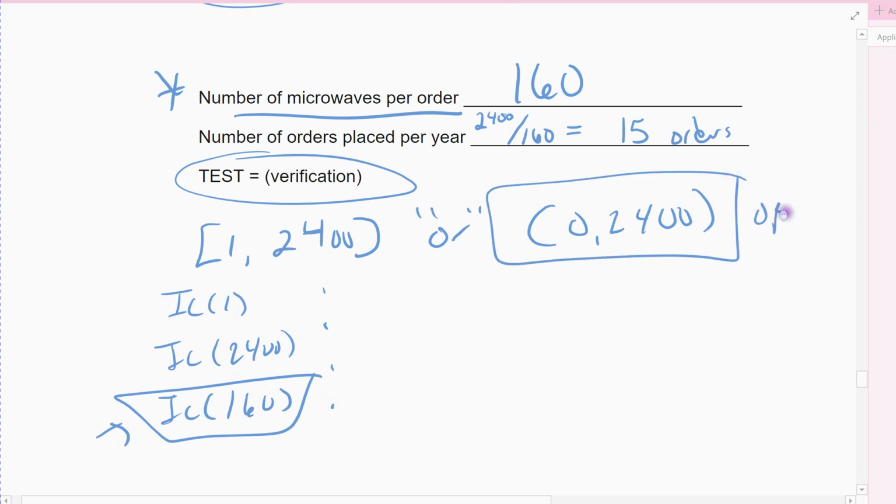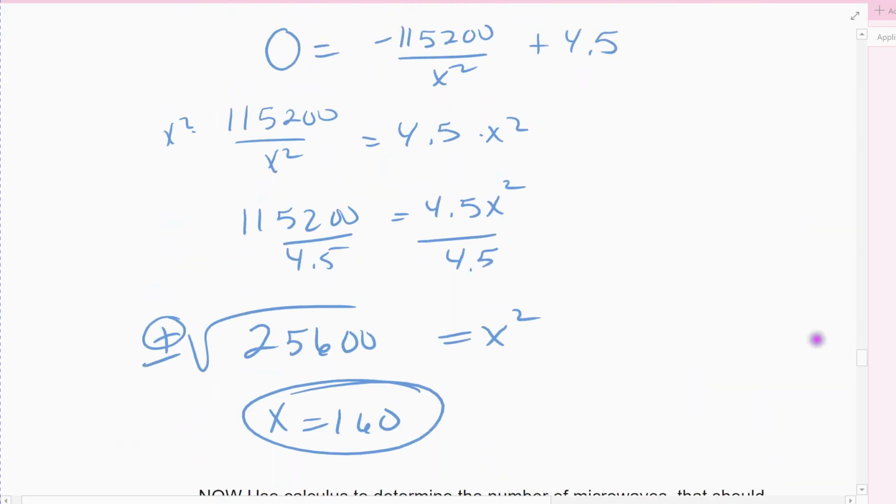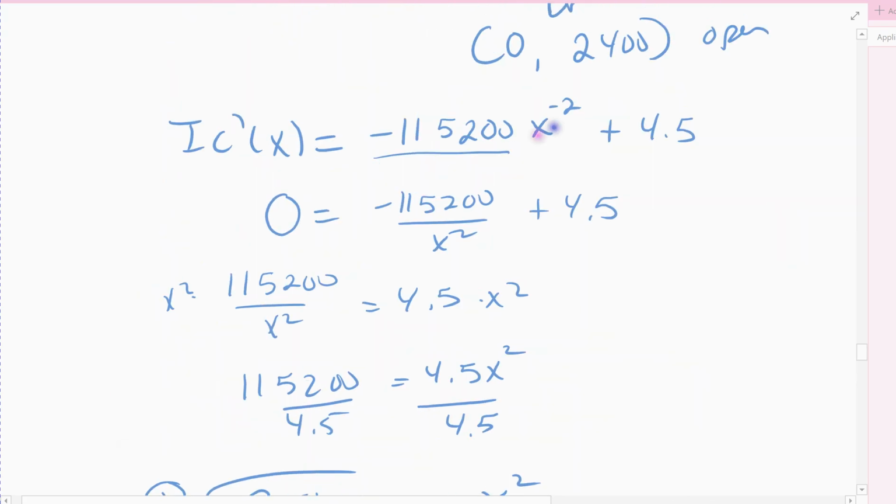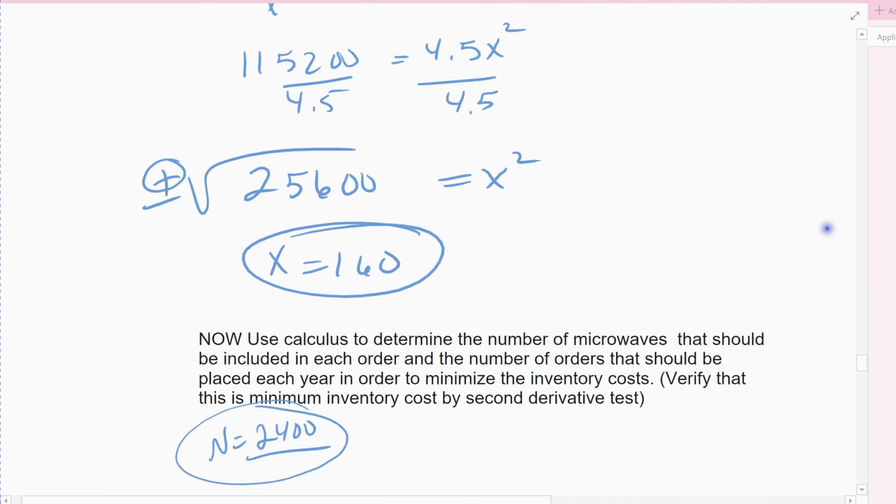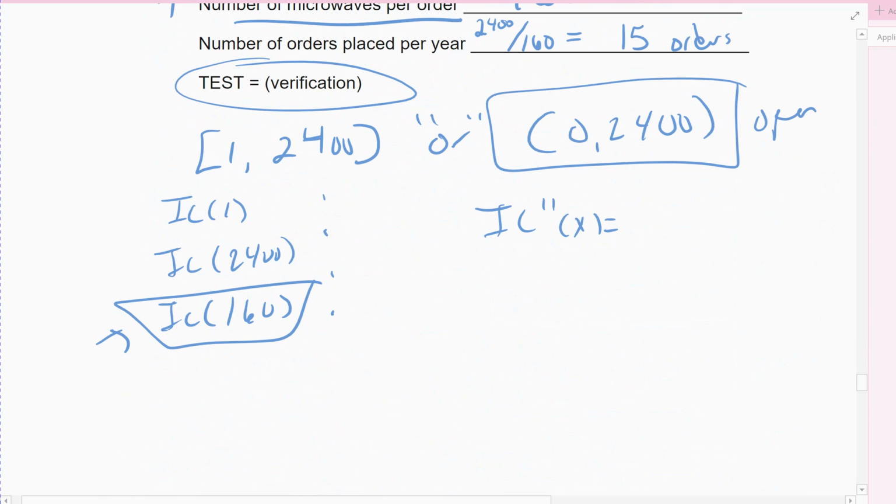I prefer the open case because I think the second derivative is really easy to find. The second derivative is just that really big negative number times negative 2. That zeroes out, and so it's going to come out to whatever that is times 2. And so that comes out 230,400 x to the negative 3.